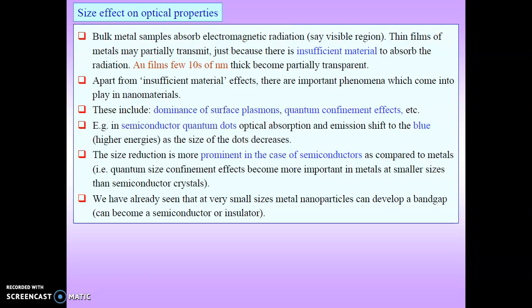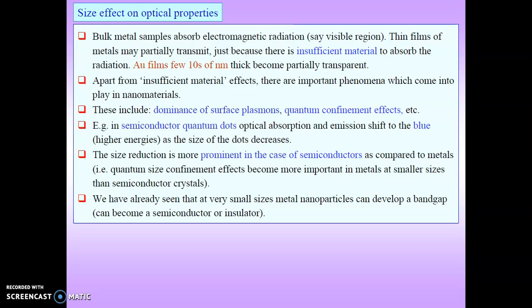For example, in semiconductor quantum dots, optical absorption and emission shift to the blue, that means higher energies. We already saw what type of color is given by which material as the size of the dots decreases.